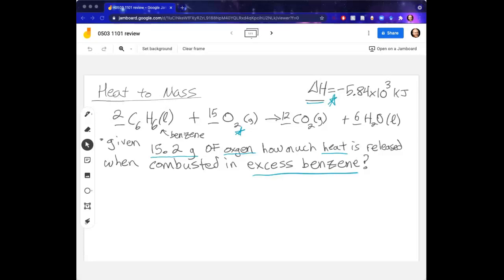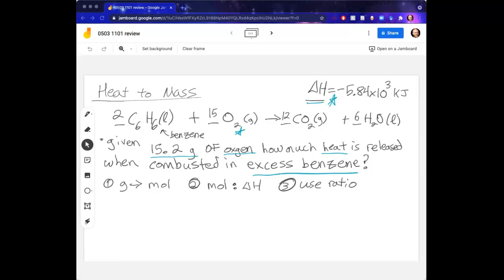So the first step in this process is going to be converting from grams to moles. And then we're going to create a ratio between moles and the enthalpy, and then use the ratio to finish the problem. That's how I think about the 3 steps in this example problem.